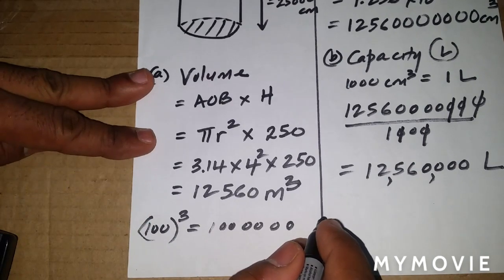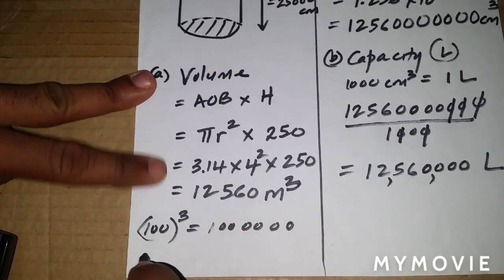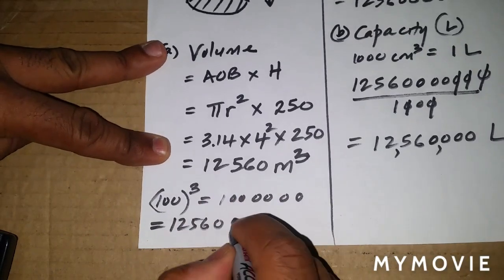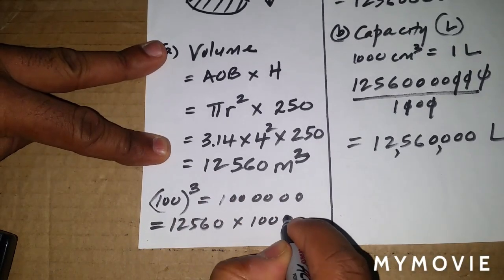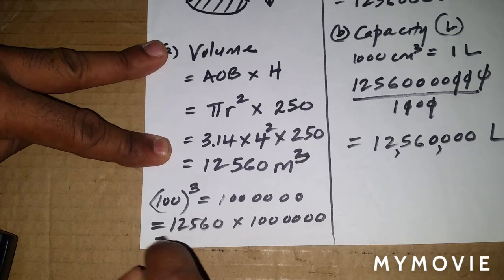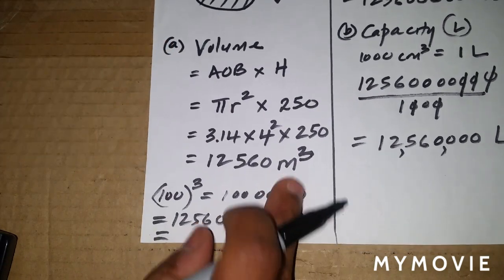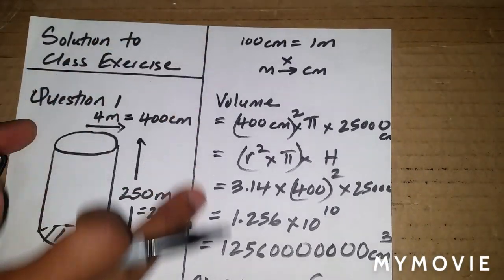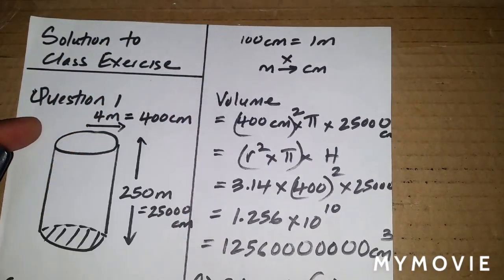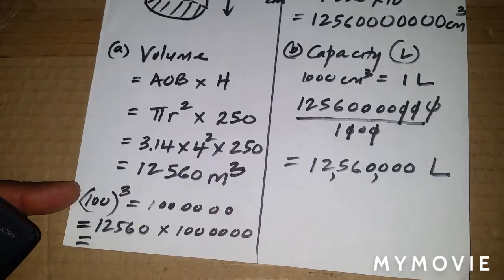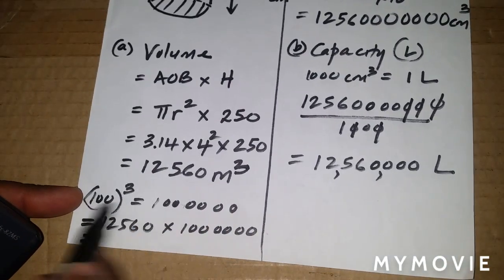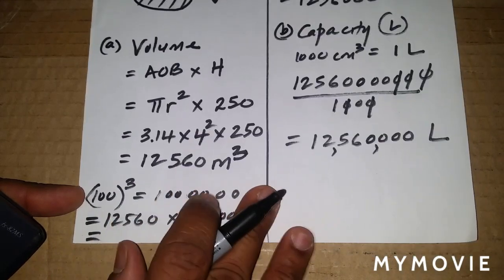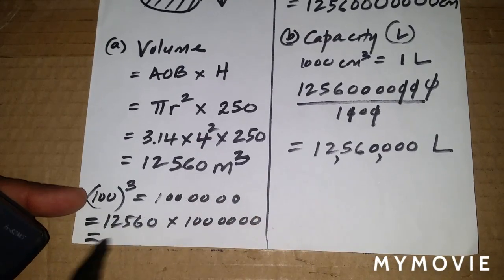So what we're actually doing is taking this meter cube, which is this, and multiplying it by a million if you want to go directly from meter cube to cm cube without going through this route here. I would suggest that you go through this route, but I'm just showing you how to do that. So you wouldn't be multiplying this by 100, but the cube, 100 cube, which is a million, and then you times it by the value that you got for the meter cube.